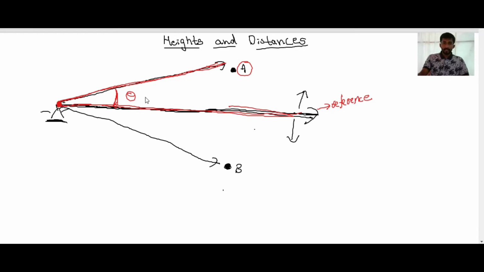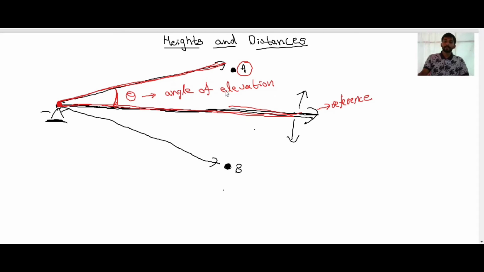Then this theta is called the angle of elevation. Clear? Therefore, angle of elevation is nothing but the angle formed by a horizontal line drawn from the person's eye and a line which joins the person's eye to the object.